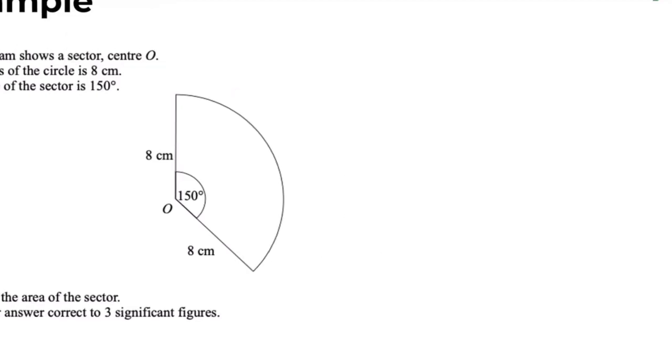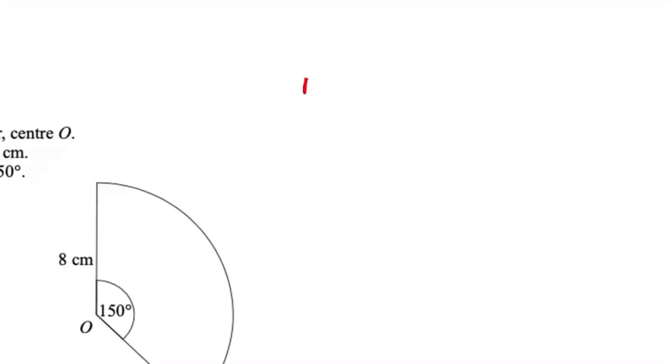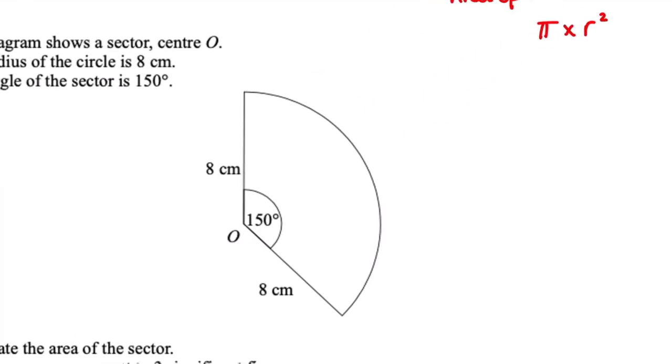We need to work out the area of the sector. If we take it step by step, we know that the area of a circle is pi times r squared. And this will give you the total area of the full circle. However, in this case, we don't have a full circle.